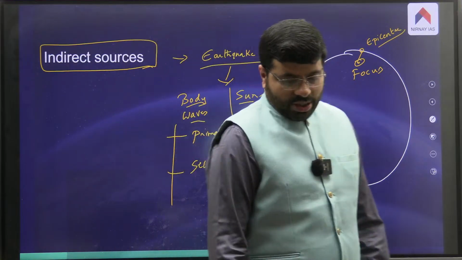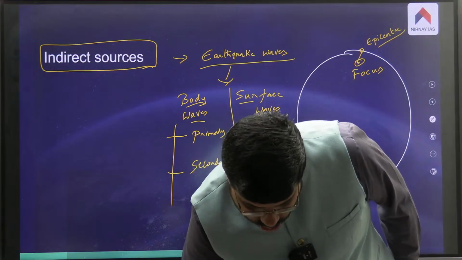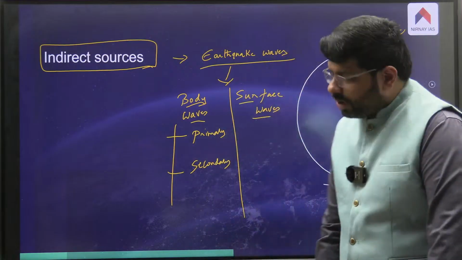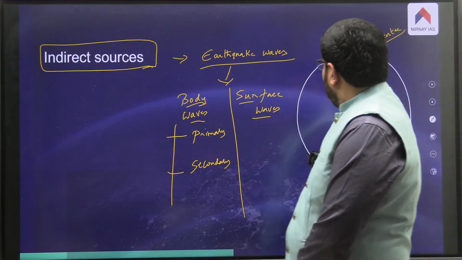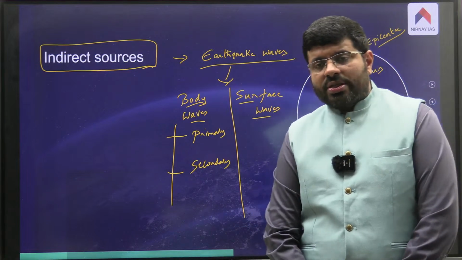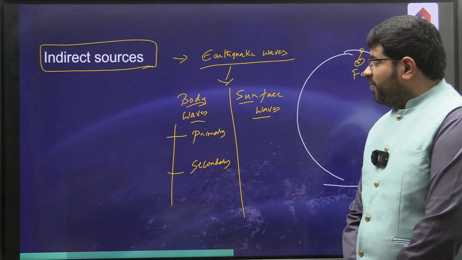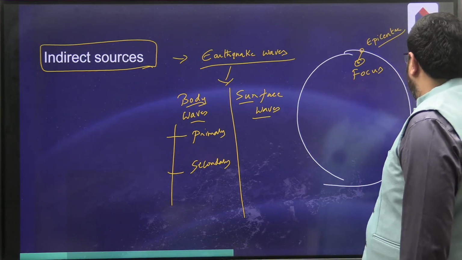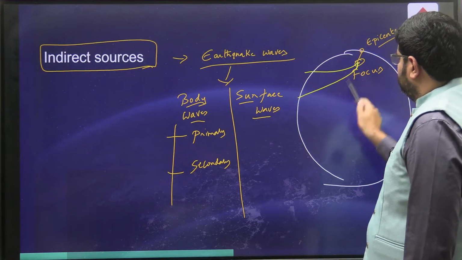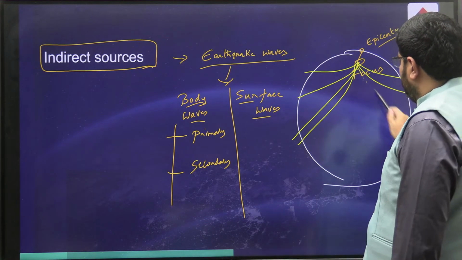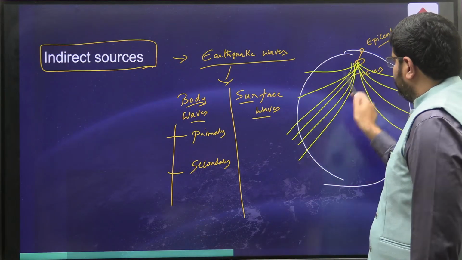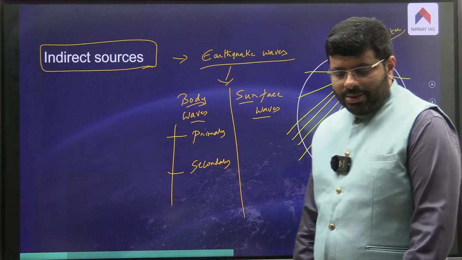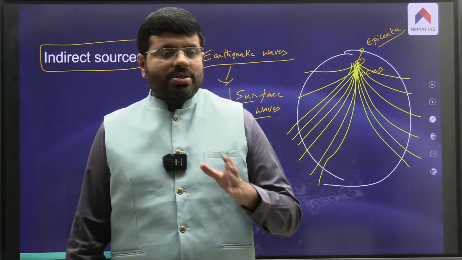In these earthquake waves, the body waves, the primary and the secondary, the energy is traveling. But the thing is, we are not observing these body waves beyond a certain point.